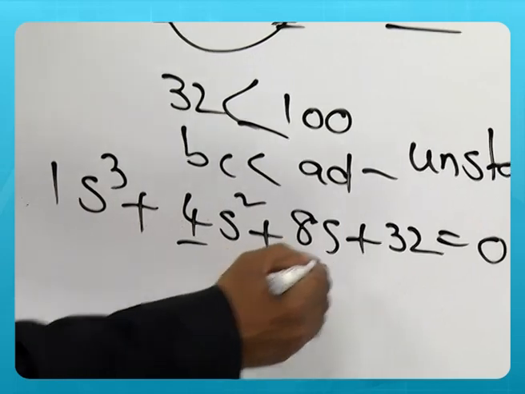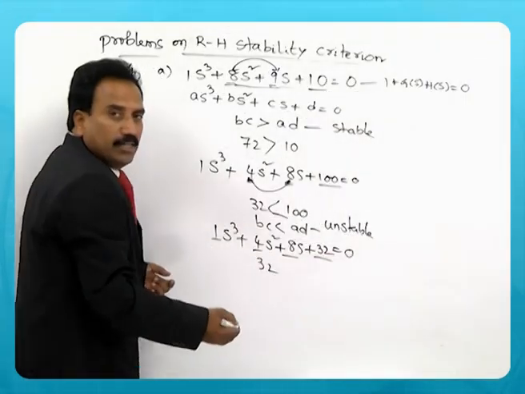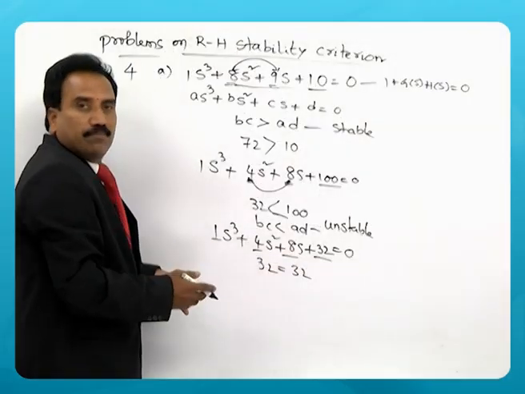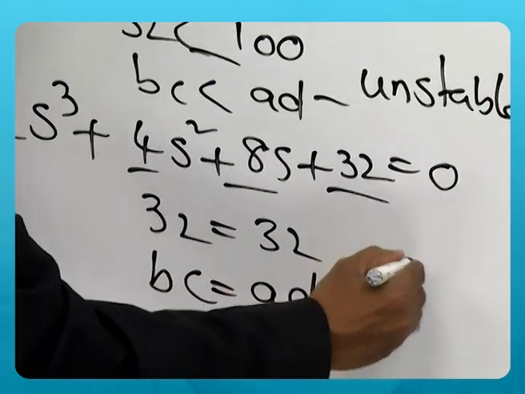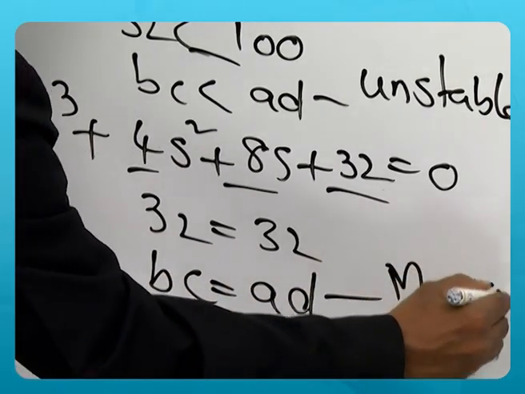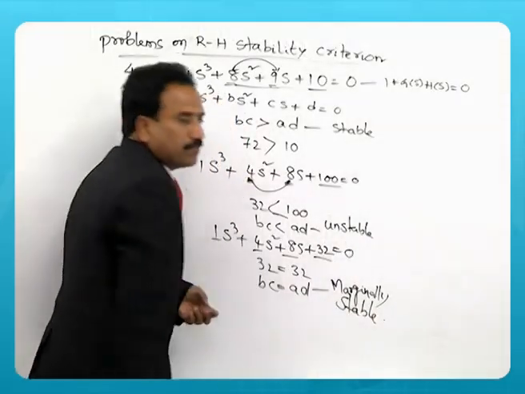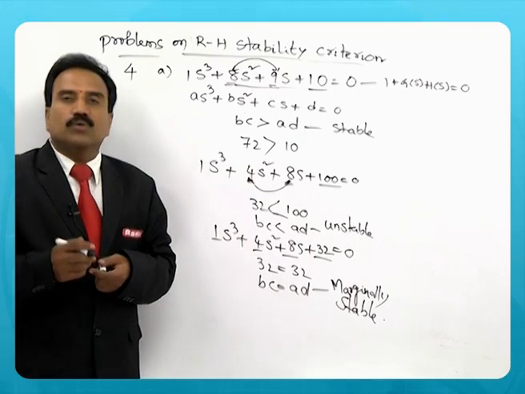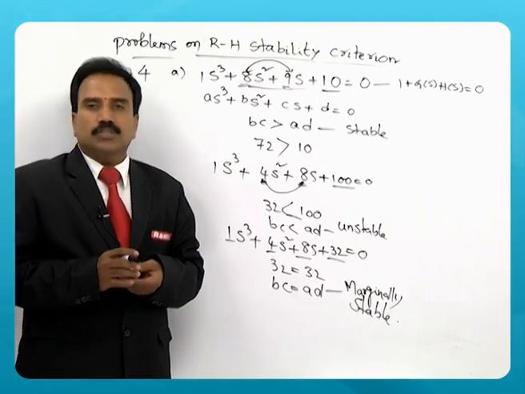So bc is 32 and the product of a and d is also 32. So both are same. That means bc is equal to ad. So it is a marginally stable system. So this is the way when third order system is given, you can assess the stability without actually going for R-H table.